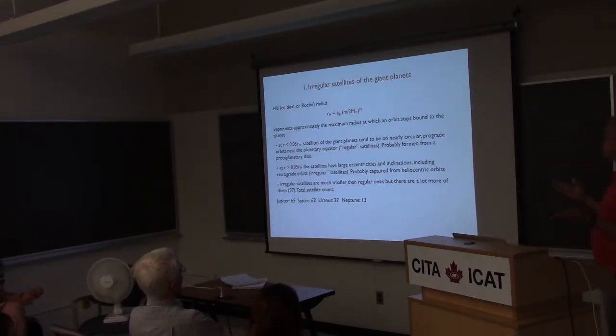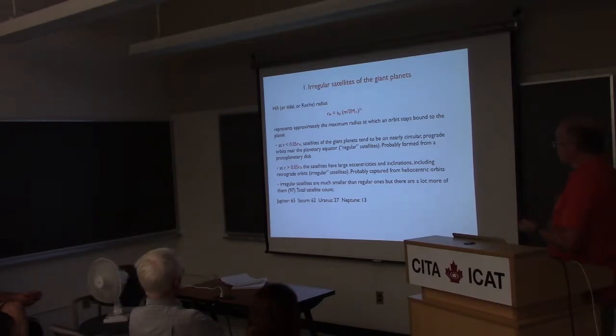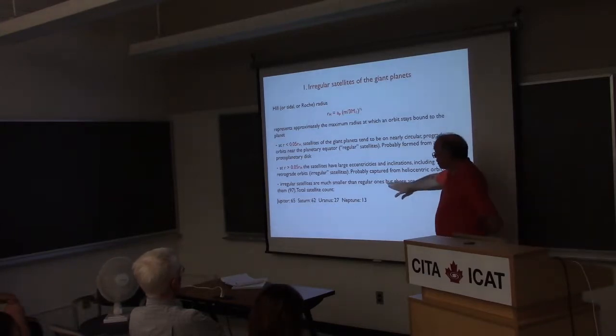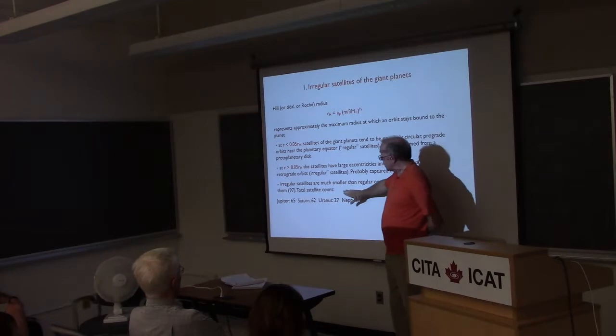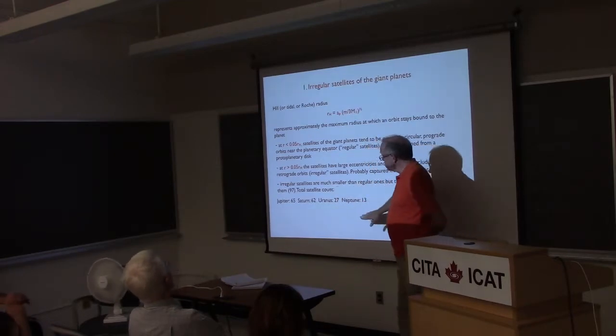Let me just say a little about some of the applications. One is to the irregular satellites of the giant planets. All of the giant planets have a large number of satellites in eccentric, inclined orbits. They are much smaller than the regular satellites, but they completely dominate the total numbers.